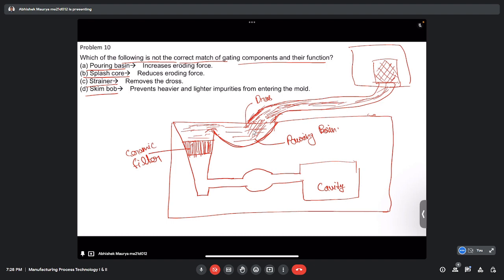Okay, so whatever molten metal passes through the ceramic will be free from any kind of solid contamination. Again, the molten metal will pass through the ceramic filter and fall at the bottom of the sprue.